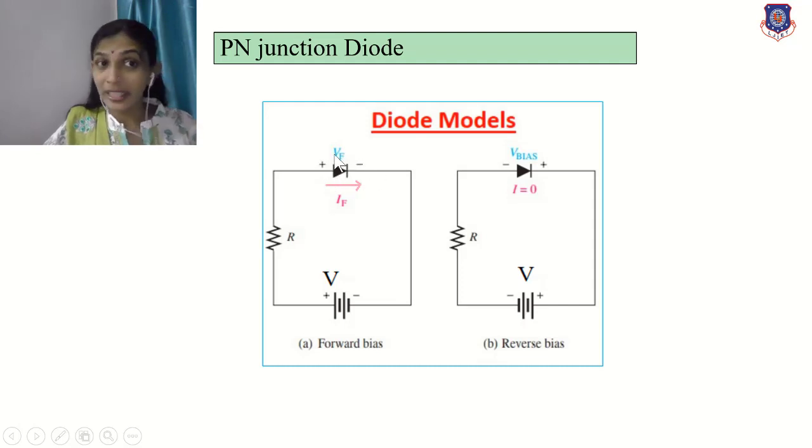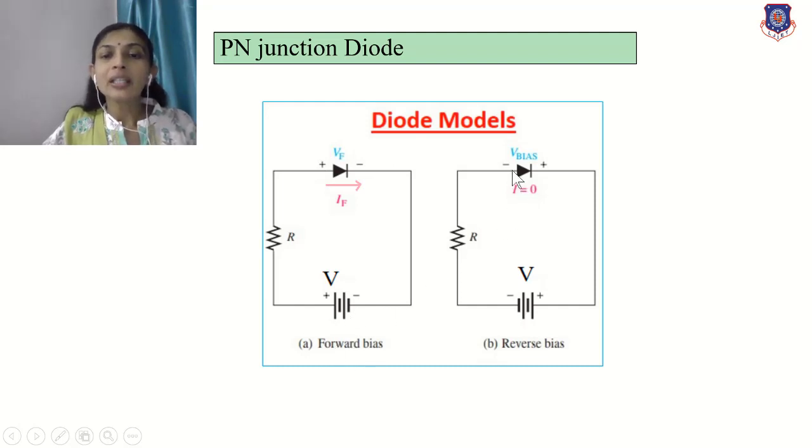I think all of you have studied this PN junction diode symbol at least, right? This is the anode and this is the cathode. Anode is connected with the plus and cathode is connected with the minus battery terminal, so that is the case of forward bias.